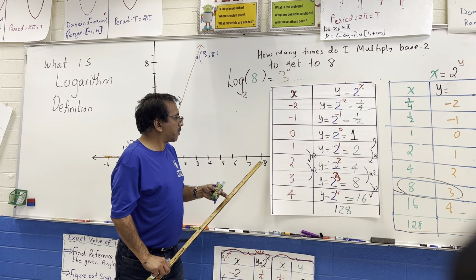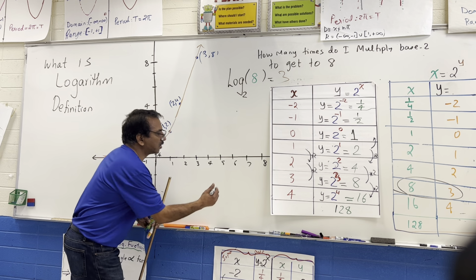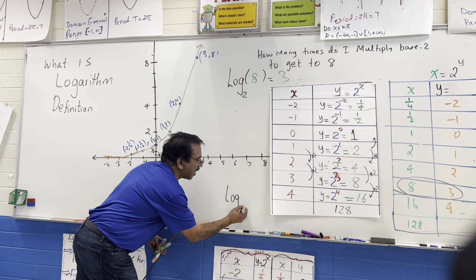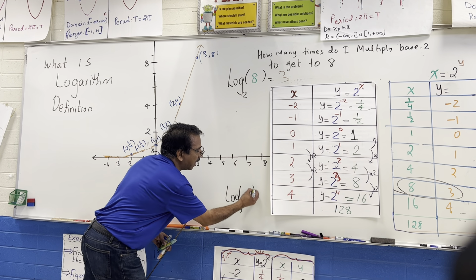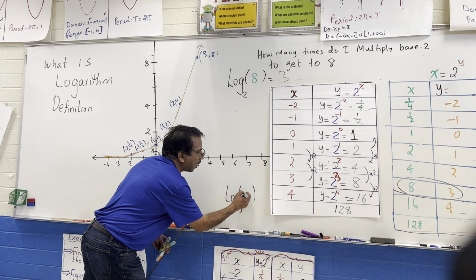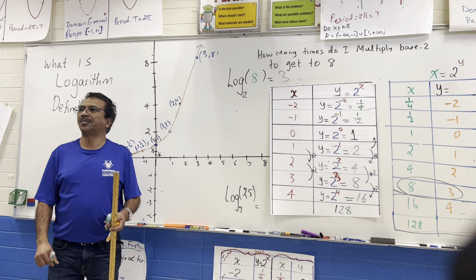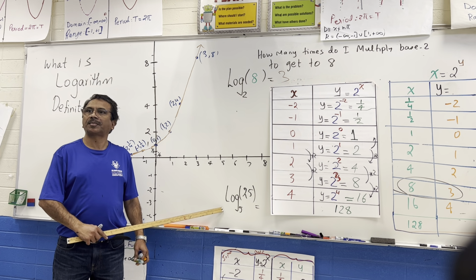So I'm going to put one more last question and then we'll graph this. Suppose I write log to the base 5. I'm putting a 5 like a factor. And I write 25. Can you tell me what is this answer? All of you tell me. What does this mean?